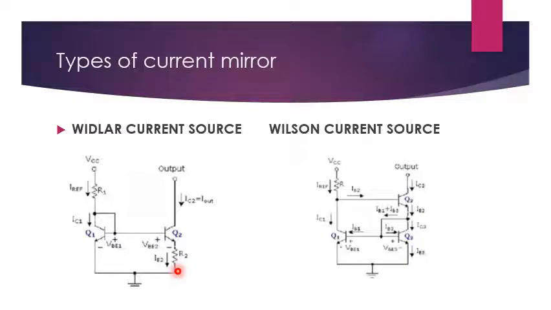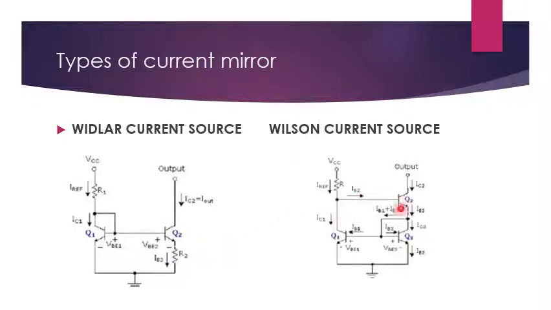In the Wilson current source, we have taken three transistors. The only change is that in the previous case the first transistor's base is connected to the collector, but here the third transistor's base is connected to the collector. Clear? You will study the Widlar and Wilson current sources in detail in linear integrated circuits.